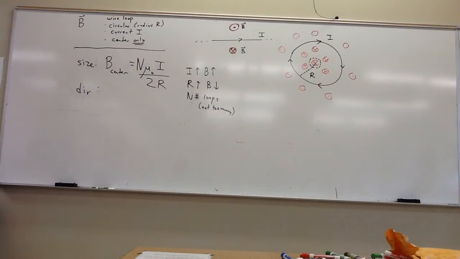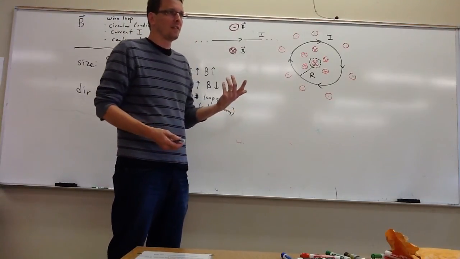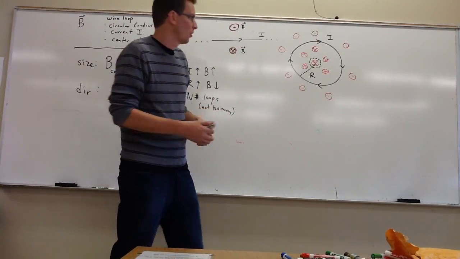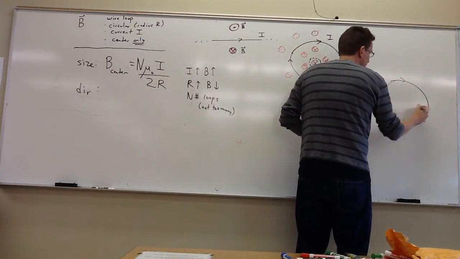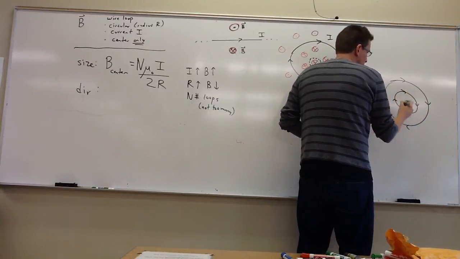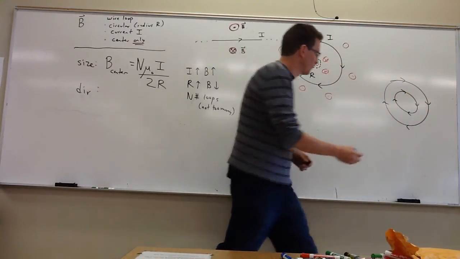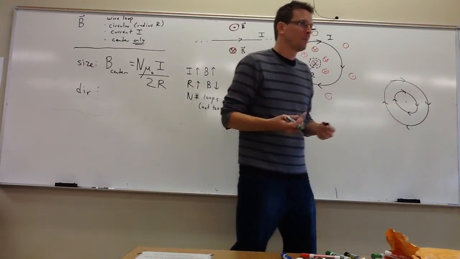Question? Would we ever need to know multiple loops with different radius? I guess as long as they share the common center, then you would just add the equations, right? So if you had one loop like this with some current, and then you had another one like this, then you would either add the fields in the middle if they were reinforcing, or you would subtract them if they were opposite, right?